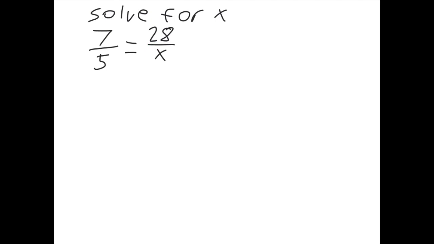The answer for that is 4. So you take 7 over 5, multiplying them both by 4, and that will give you 28 over 20. So that means your x is 20. So x equals 20.